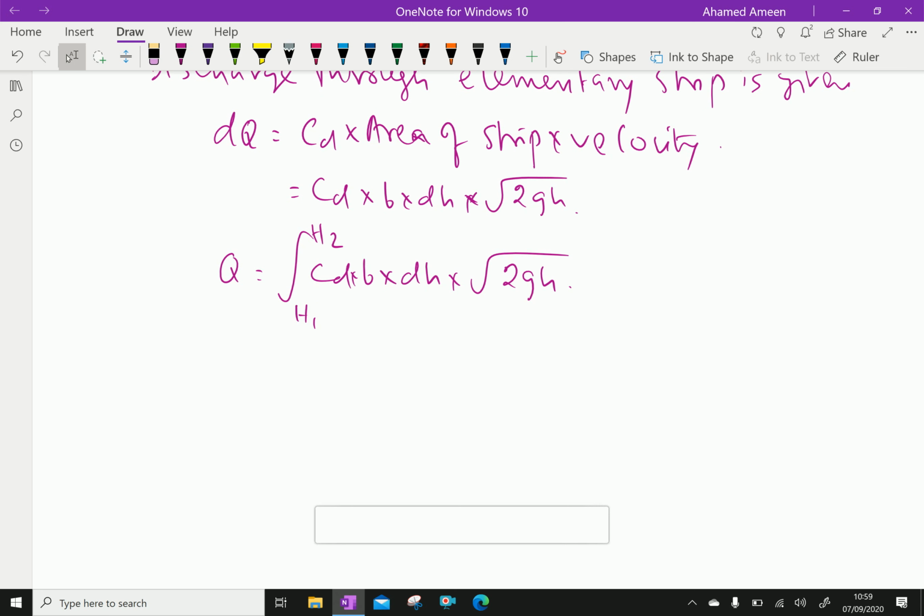Here, take the constants out of the integration. CD is a constant, b is a constant, and square root of 2g is a constant, and the integration from h1 to h2 of square root of h dh.